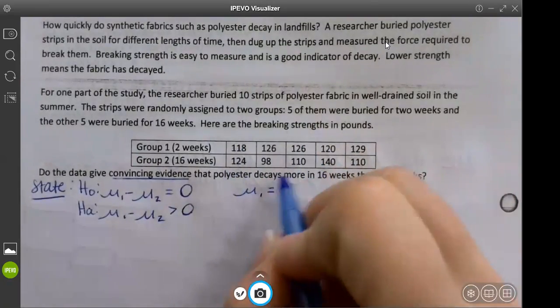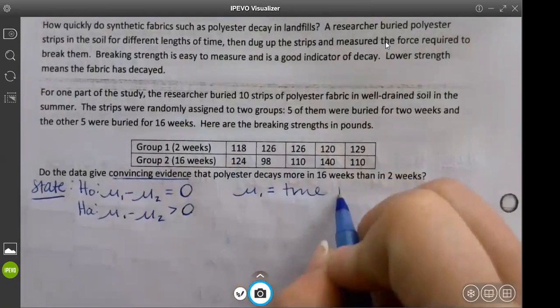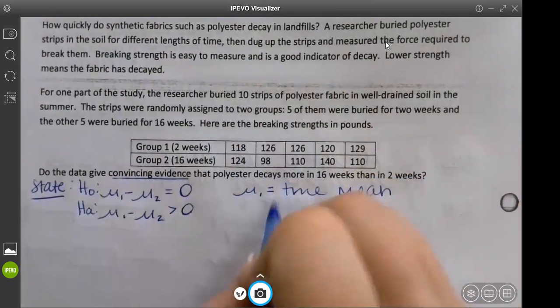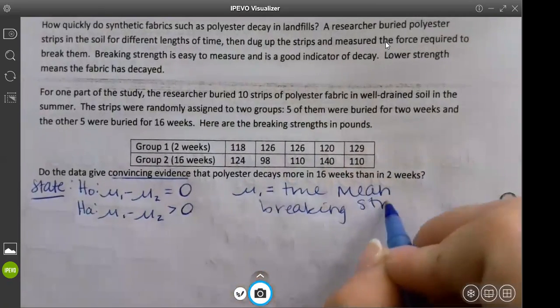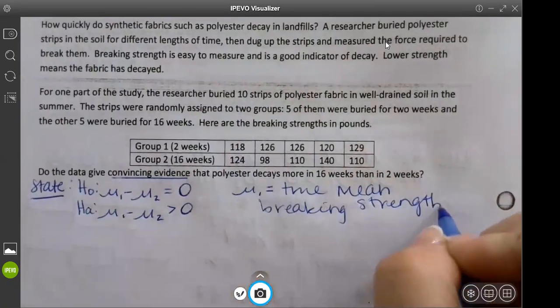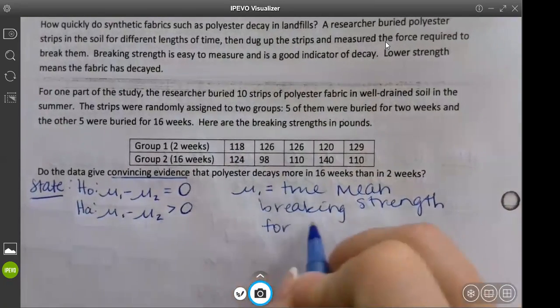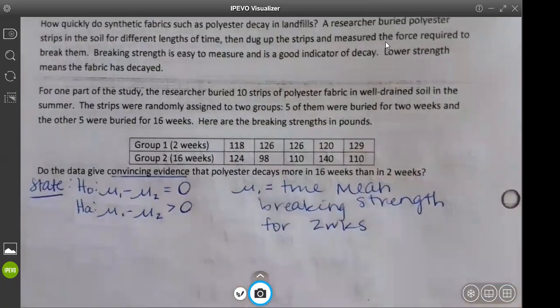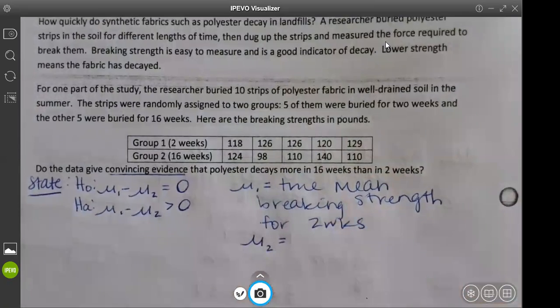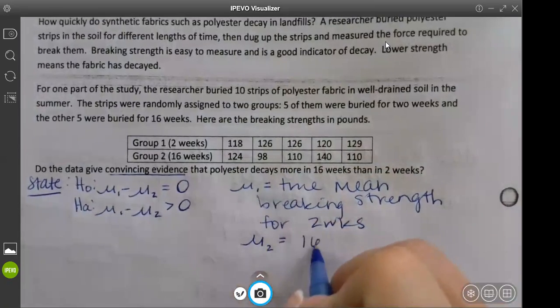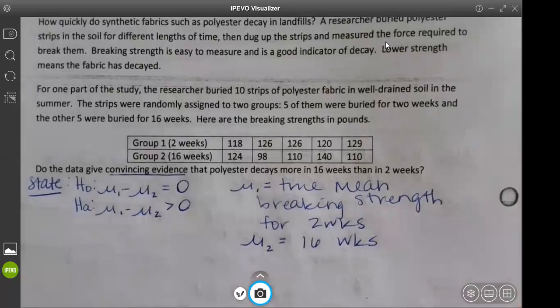So it's the true mean breaking strength, and go in more detail there, but for the 2 weeks. So then mu2 is going to be for 16 weeks. And you want to make sure you put both true mean breaking strength for polyester fabric buried for 2 weeks and true mean strength for polyester fabric buried for 16 weeks.